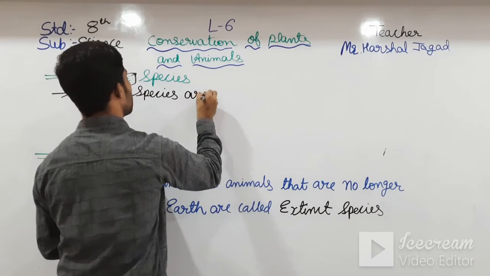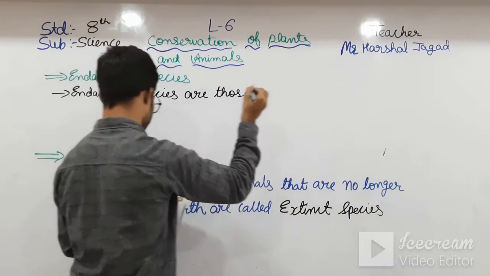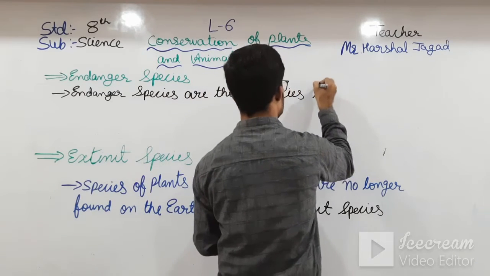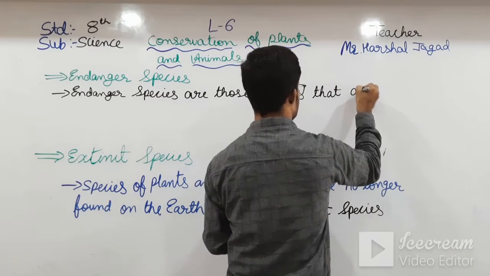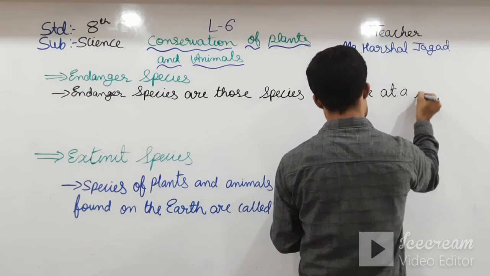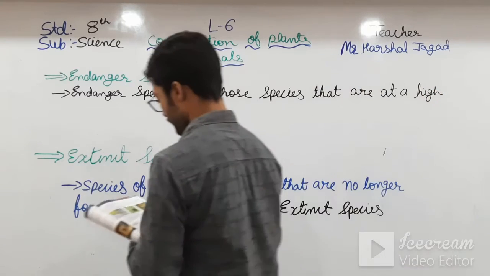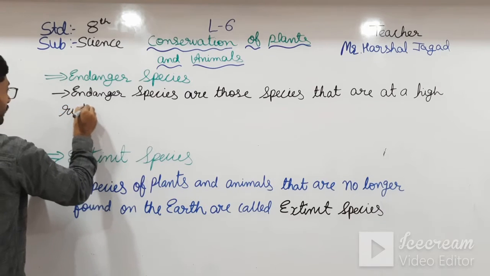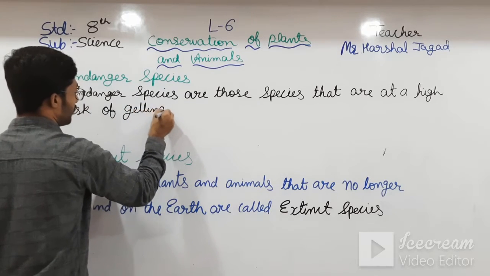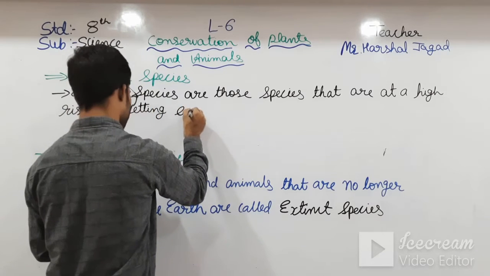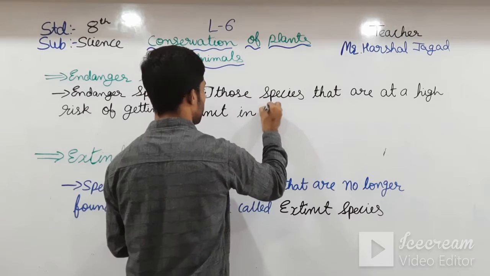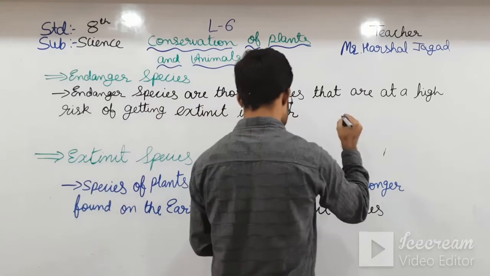are those species that are at a high risk of getting extinct in their habitat.